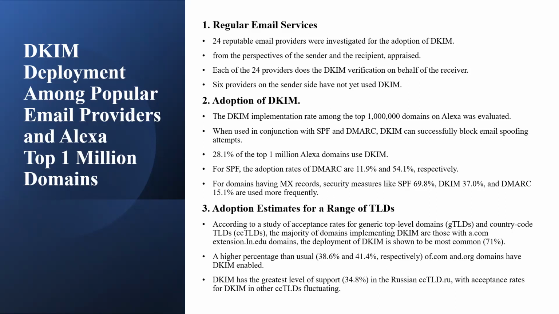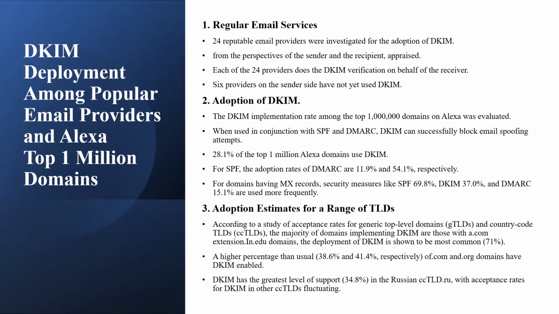The data has been segregated from the perspectives of the senders and the recipients. Each of the 24 providers does the verification on behalf of the receiver. 6 providers on the sender side have not yet used DKIM according to the data.